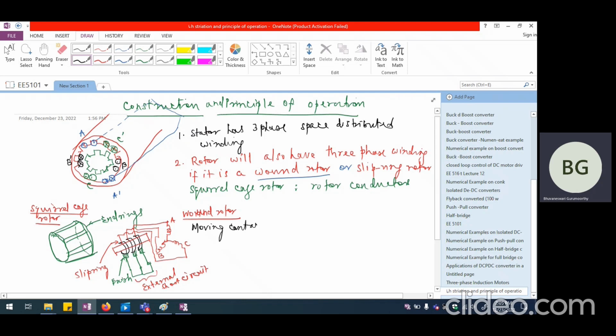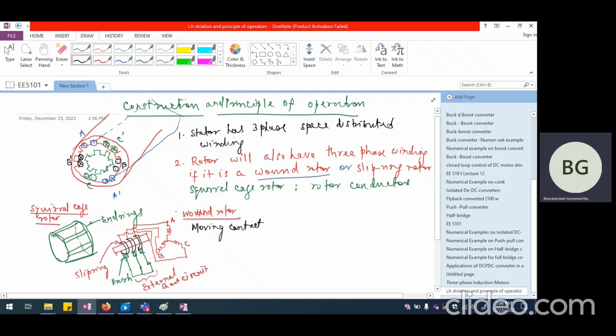So the wound rotor will have access to the rotor current, whereas the squirrel cage rotor will not have any access to the rotor current. So in the squirrel cage rotor, it is very difficult to control the rotor current. You can't even measure it, leave alone controlling it. Whereas in the wound rotor, you will be able to measure the rotor current. You would be able to control it also if you want to.